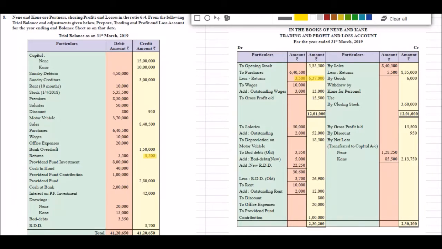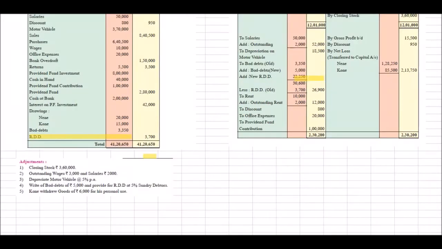Next entry is wages. The wages amount is 10,000 rupees. We have an adjustment for the wages. So 10,000 rupees is taken here. We'll see what the adjustment is. The outstanding wages given is 3,000 rupees.